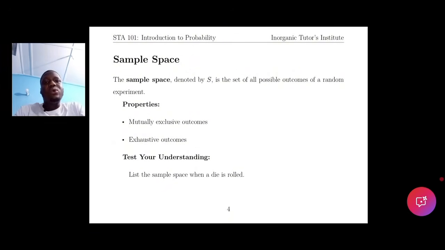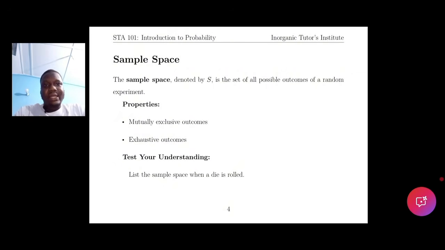So when you have an experiment, all the outcomes that have been listed so far, say sunny, cloudy, windy, rainy, these are the outcomes. And a set that contains all these outcomes is what we call a sample space.